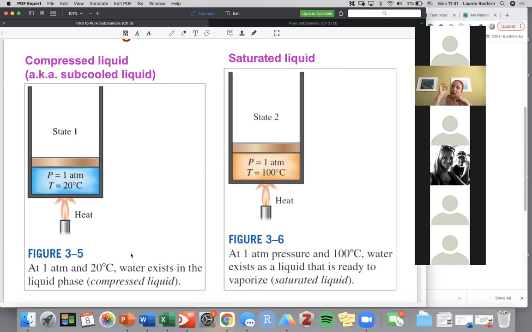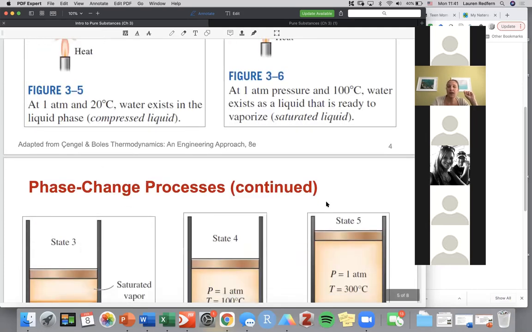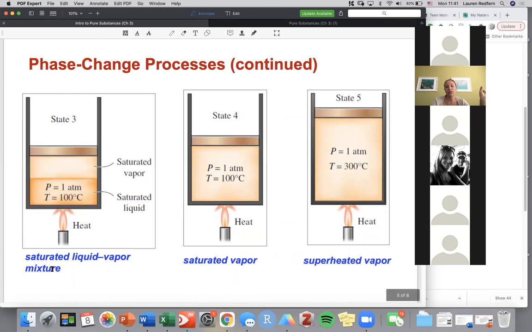Saturated liquid means it's at that point 2. It's about to reach that plateau and start vaporizing. Typically it's always at a higher temperature than a compressed liquid. So that's point 2. Then at point 3, we have our saturated liquid vapor, where some is liquid, some is vapor. Liquid is vaporizing into water vapor.